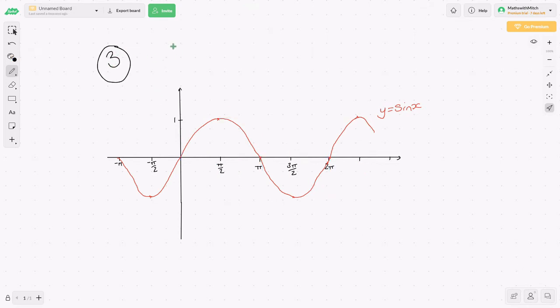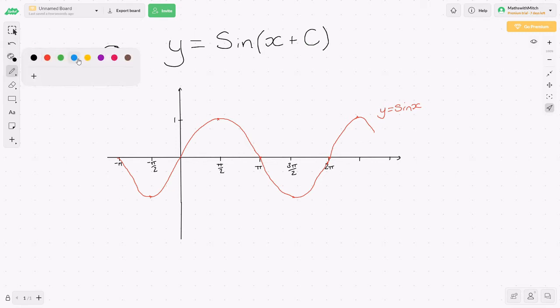Transformation number 3. If we have something in the form of y equals sine, then a bracket with x plus, in this instance we're going to call it c. So our coefficient is now an addition to the x value. So what's that going to do? What we need to now think about is the term a phase shift.